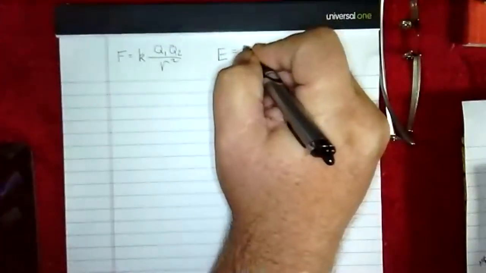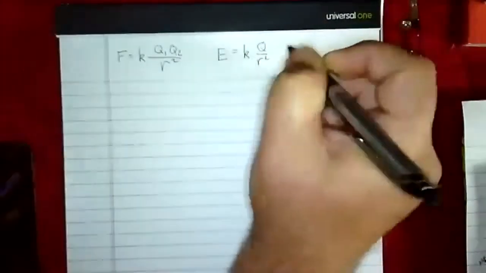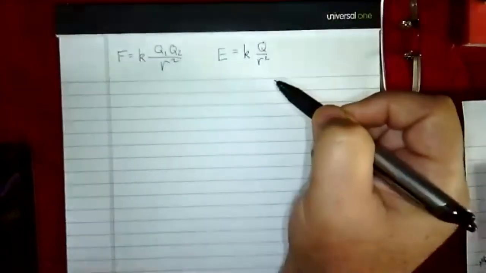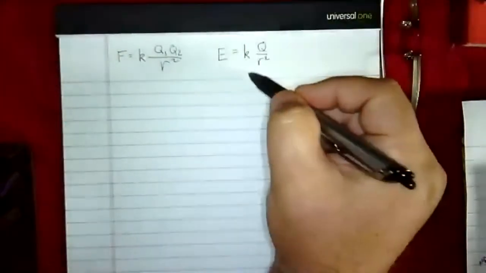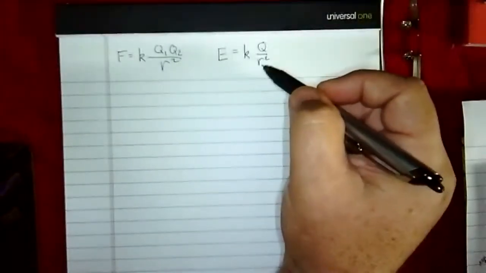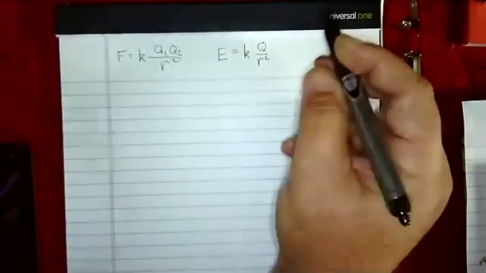That electric field formula was K Q over R squared, where this Q is the source of the electric field. And its strength is inversely proportional to the square of the distance between Q and whatever point you wish to know the electric field.